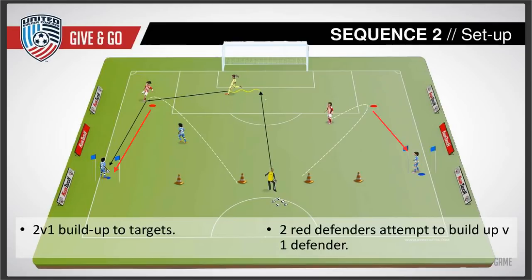Once that happens, we're trying to simulate a little bit of a turnover as well to make sure that we keep the players honest. Now they can start getting compact defensively, and the blue team will now start to attack. If the red team win the ball back again, then they'll be playing into the open targets just to simulate a different way of getting out and breaking the line of pressure.